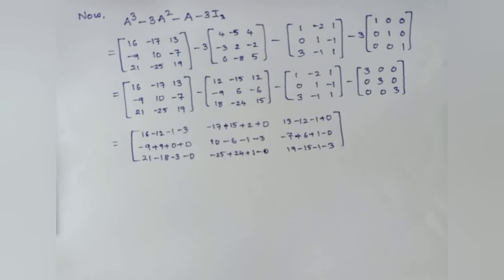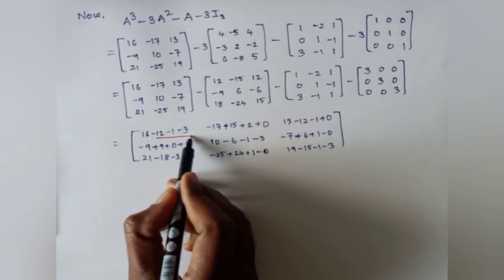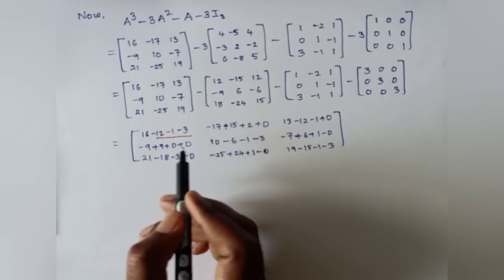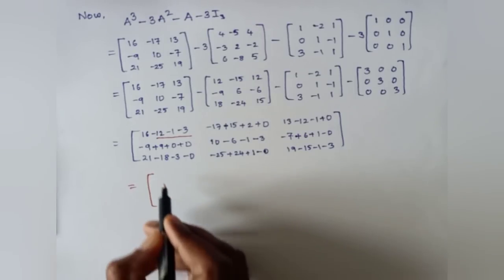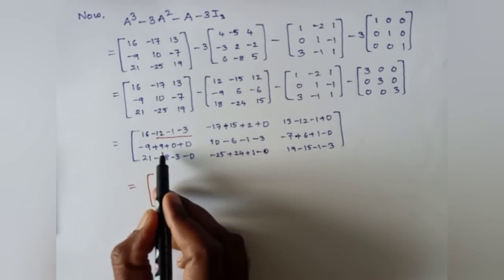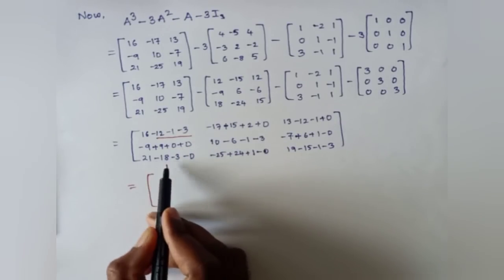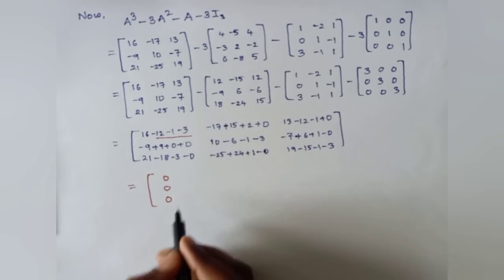Now you can observe, this is 16 minus 12 minus 1, minus 13, then it is minus 16. So 16 minus 16, 0. Now, minus 9 plus 9, 0 plus 0 plus 0, this is also 0. Next, 21 minus 18 minus 3, minus 21, 0.